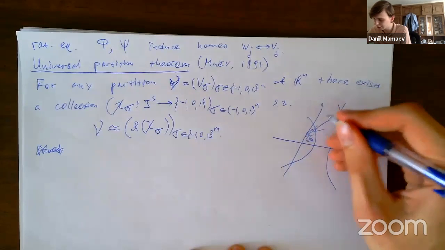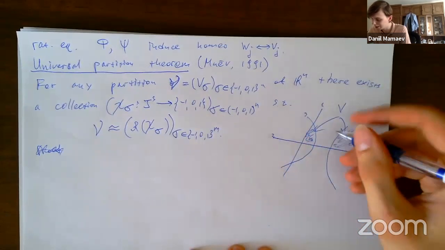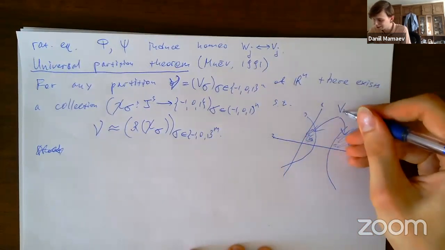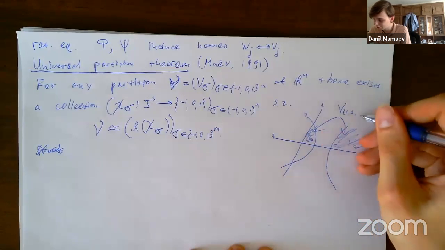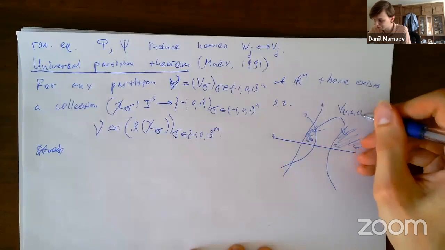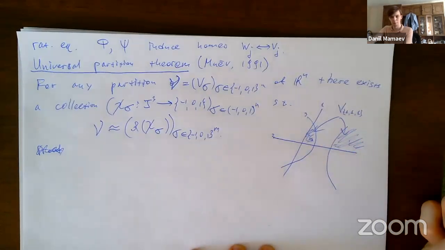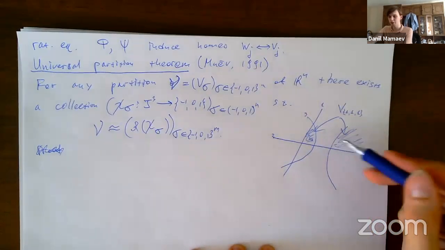If this is the first one, this is the second one, this is the third one, it should be something like 1, 1, 1 probably, depending on the equation. This is one stratum.